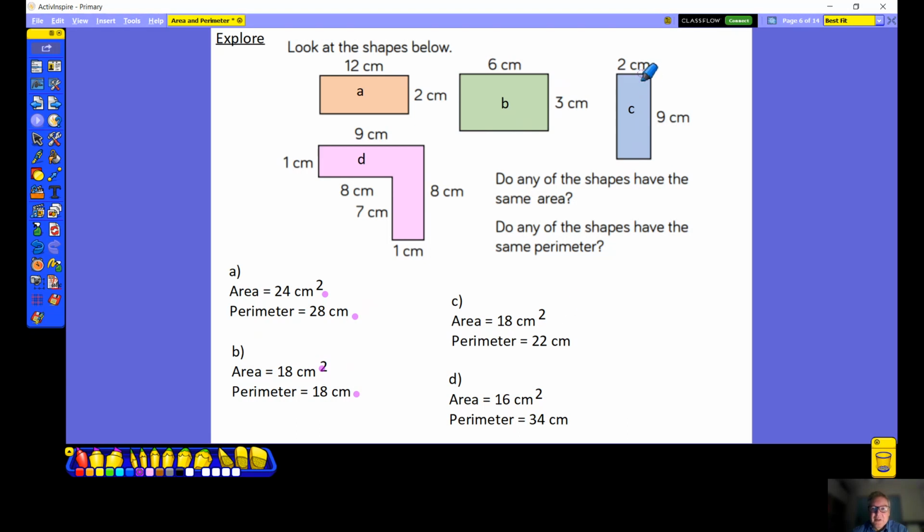Perimeter, 11 times 2. There we go. What about this one? How are you going to do this? Who can explain that one?